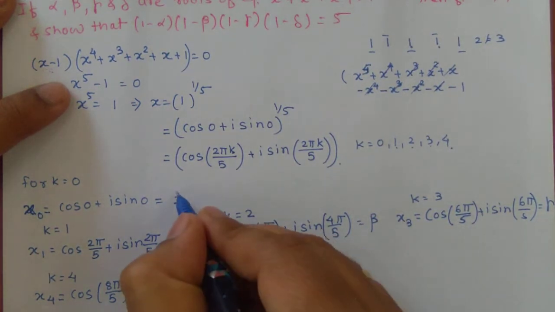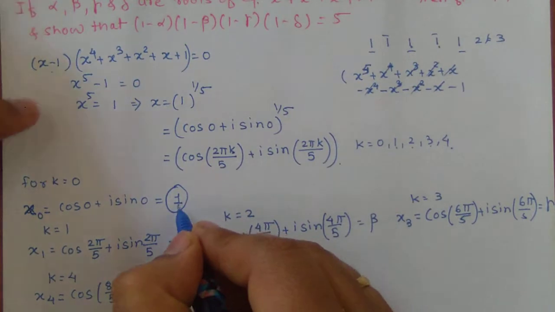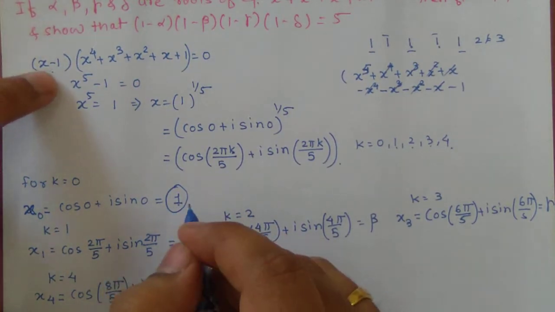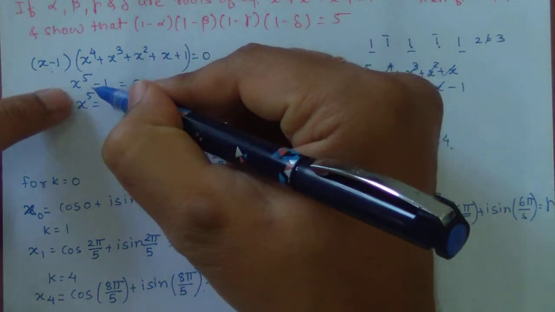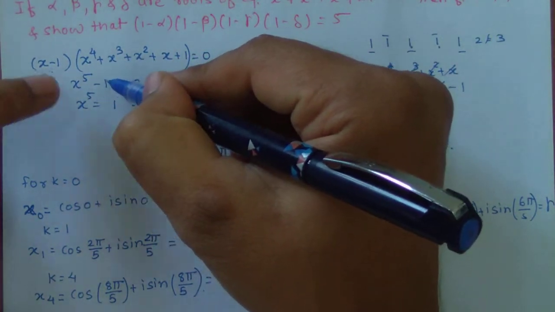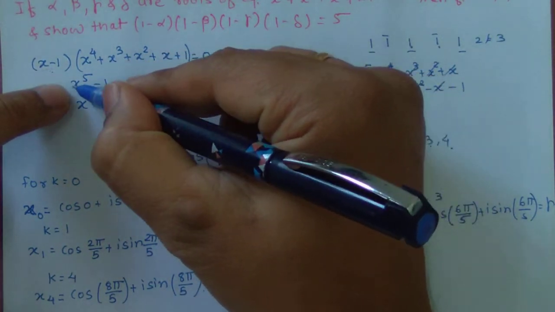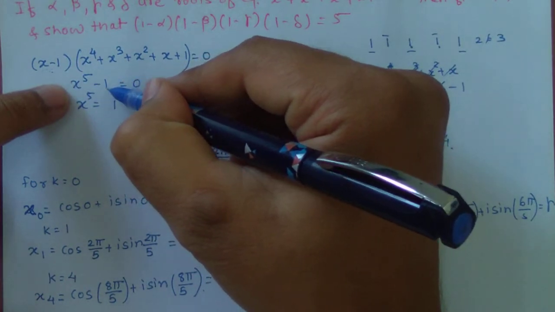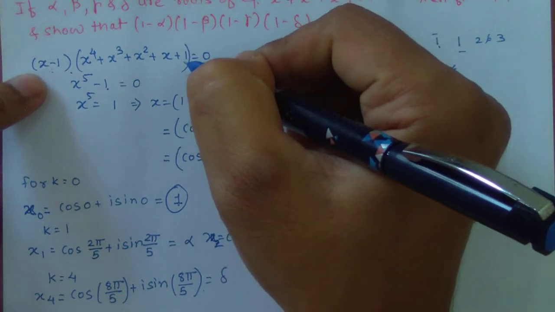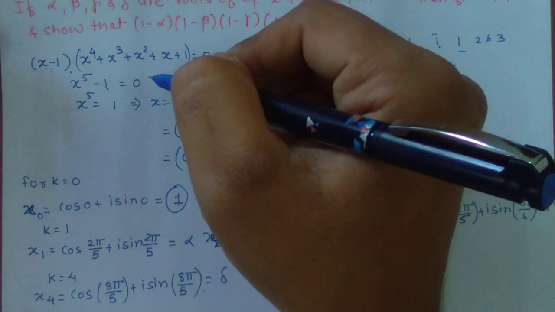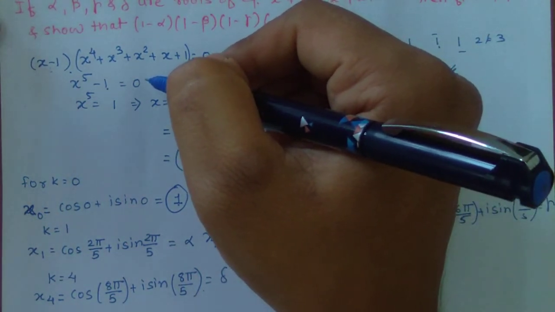But out of these roots, the root x0 is associated with this factor. See, the product of these two brackets is x raised to 5 minus 1. If I go in the reverse direction, the factors of x raised to 5 minus 1 are x minus 1 into this bracket. Are you clear with this? So your factor gives you the roots for a particular equation.